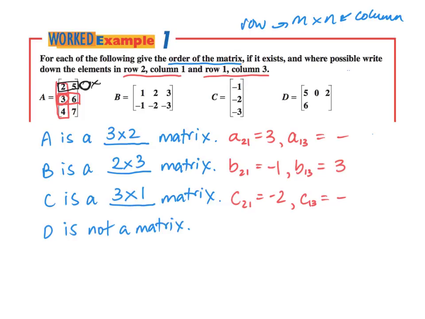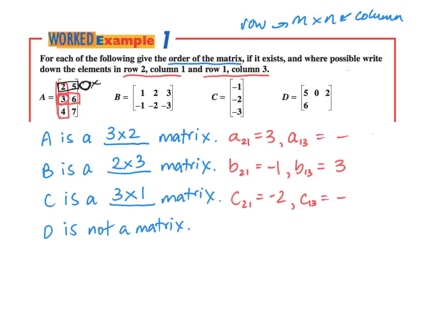Okay, so how did you go with those? Completing the other examples, we've got B with row 2, column 1. Row 2, column 1 is -1, so that's row 2, and column 1, -1 is our answer. So looking at the next one here, row 1, column 3, that's quite clear.